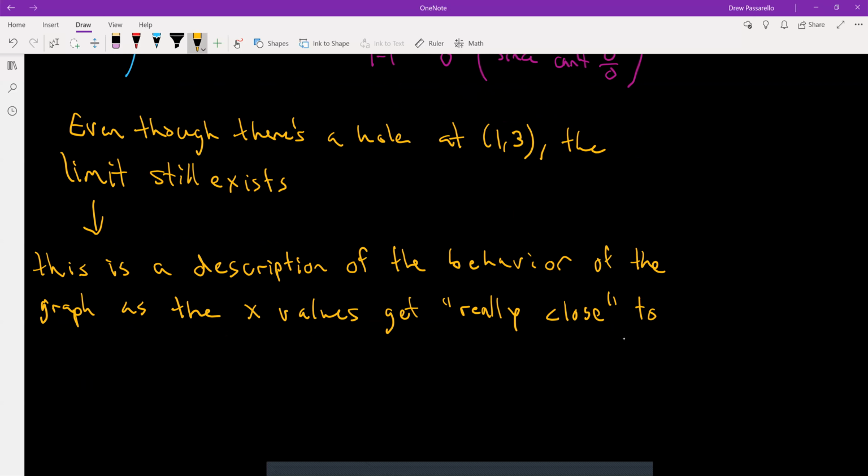So get infinitely close to some fixed value.